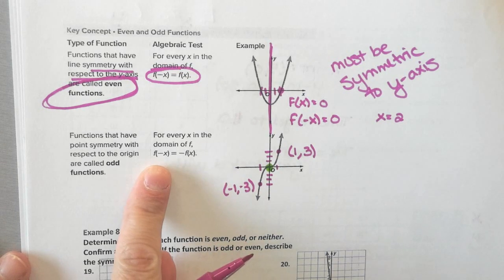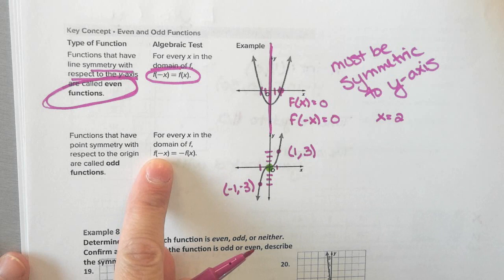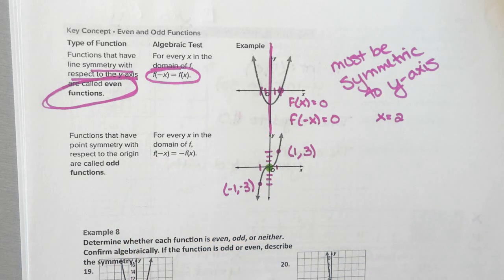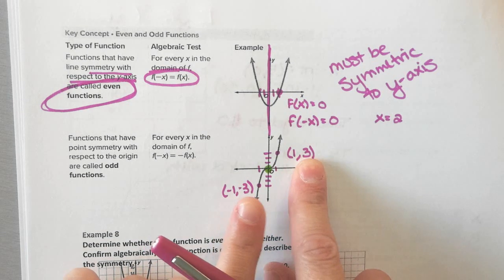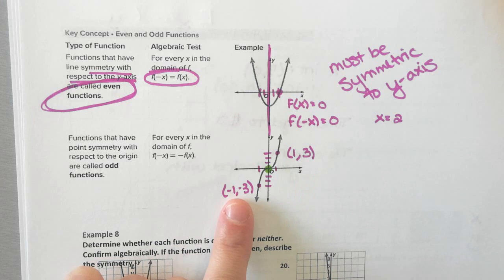So what this is saying is if I look at any spot, they should be opposites of each other if I look at that same affiliated location on the other side. So you should end up where you have ordered pairs where they are the opposite of each other. So if this is 1, 3, we switch both the signs. Or if this was my original point, I switched both the signs to get here.